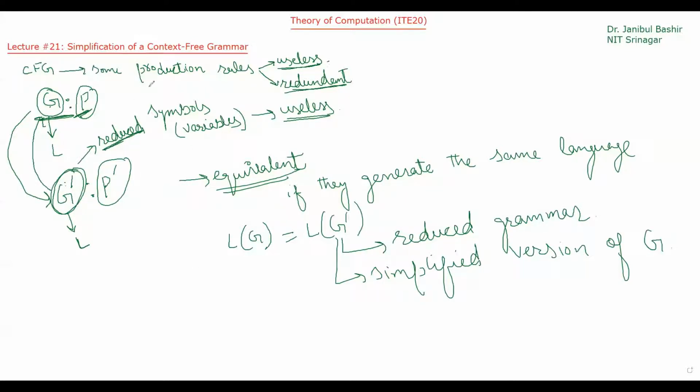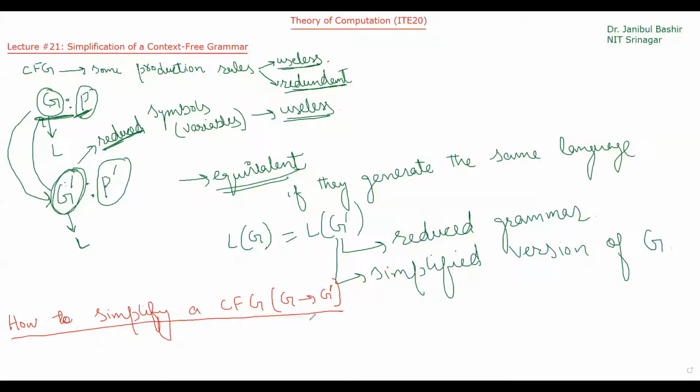So our aim in this particular lecture is to discuss how to simplify a context-free grammar. So that means if we have a grammar G, we need a new grammar G dash. That is a simplified grammar.